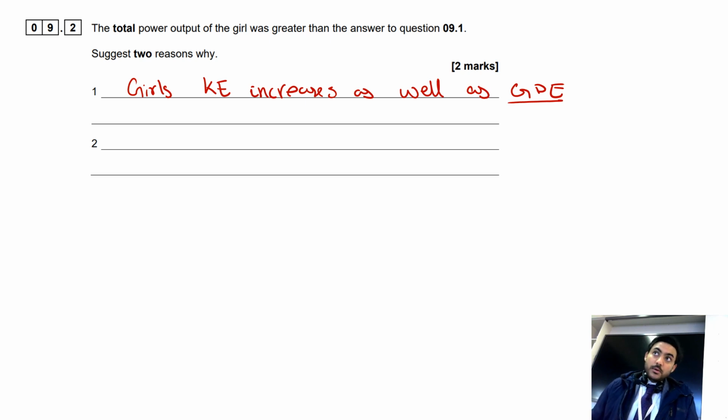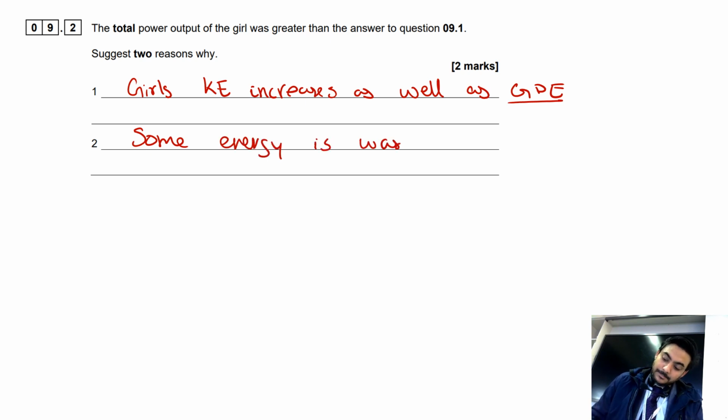Some energy will be wasted. How is it wasted? Well, her muscles need to do some work, so in thermal energy, it's wasted. Shoes will be making some noise and stuff like that. It won't be a perfect 100% efficient energy transfer.